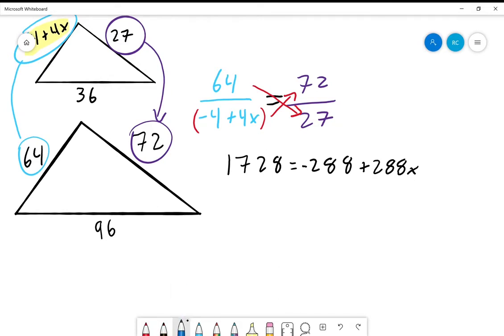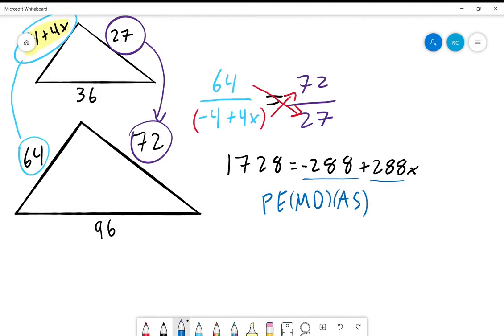I'm solving for x. Right now, I've got this negative 288 and this positive 288 here. If you're ever not sure which thing you're supposed to get rid of first, just remember, order of operations goes parentheses, exponents, multiplication and division happen on the same step, and then addition and subtraction happen on the same step, right?